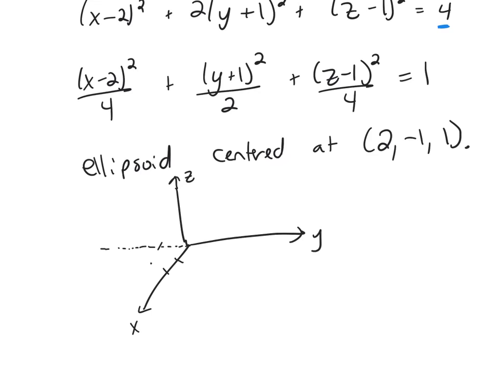Z is 1, so take that point and go up a distance of 1. And here's my center. And then you go out equal distance in the X and Z direction, a distance of 2 on each side from the center.